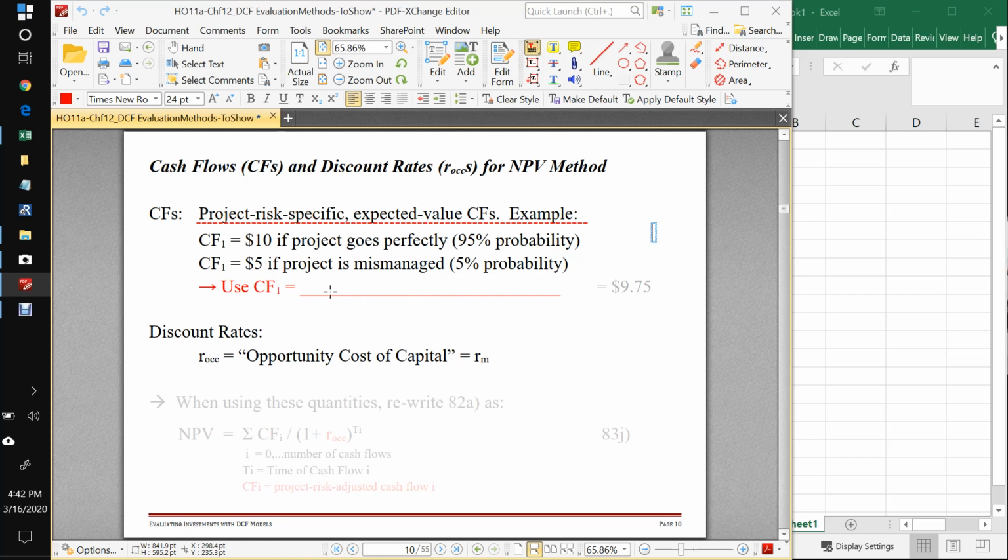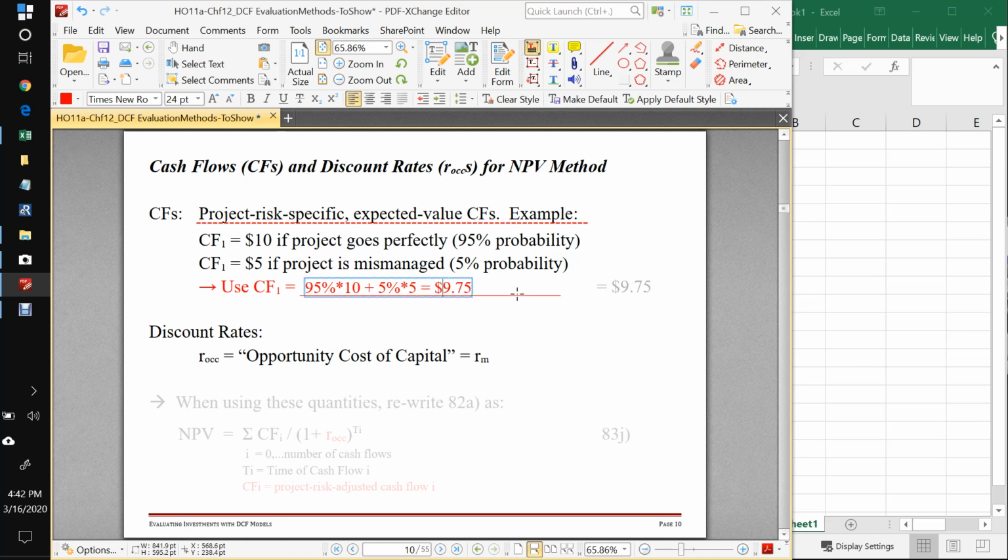So what would we want to use as our project risk specific expected value cash flow for cash flow 1? We would want to say 95% times 10 plus 5% times 5. And if you work that out, check to make sure that you agree with me, but you get 9.75.